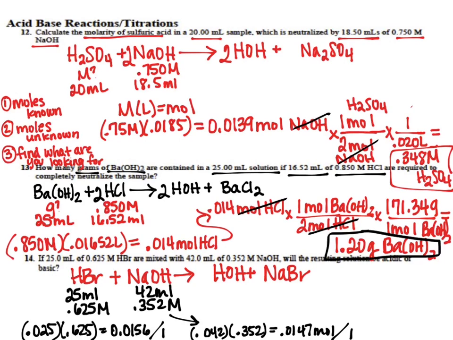So the limiting reactant is NaOH, because it runs out first. So we are left with some HBr in excess. So HBr is our excess.